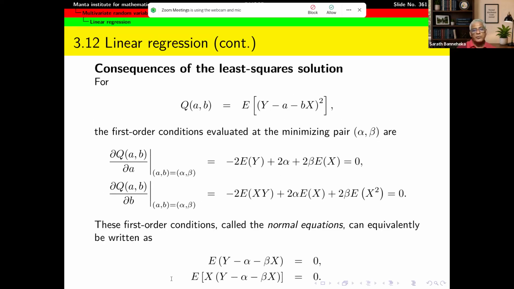So those are two important results: the expected value of y minus alpha minus beta x is 0, and then the expected value of x times this quantity is also 0.